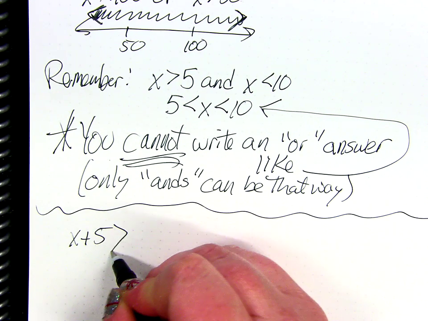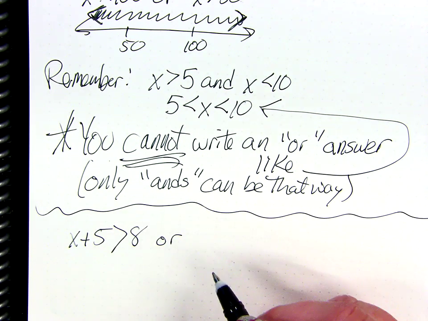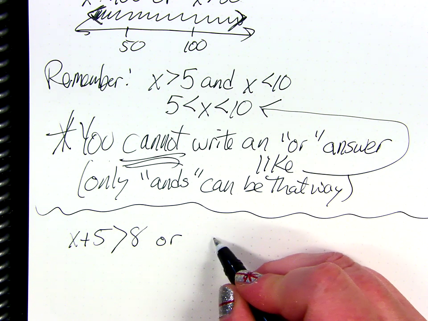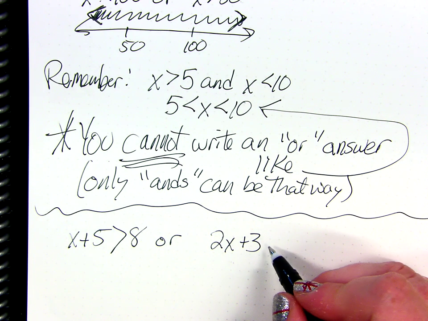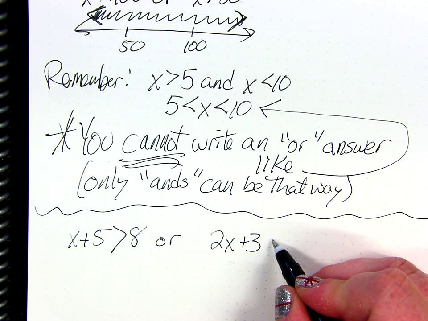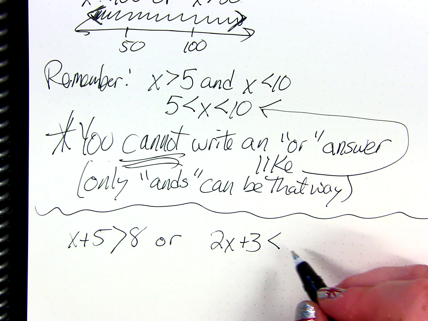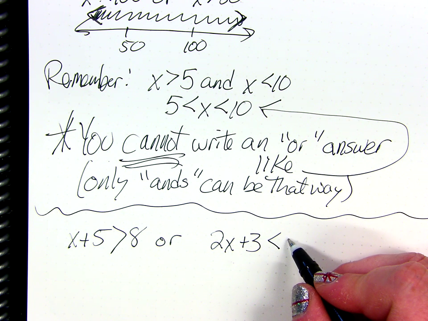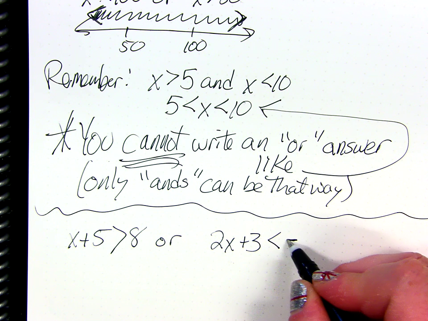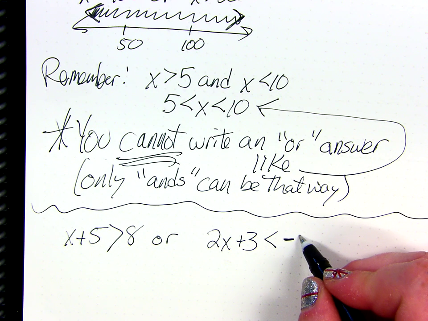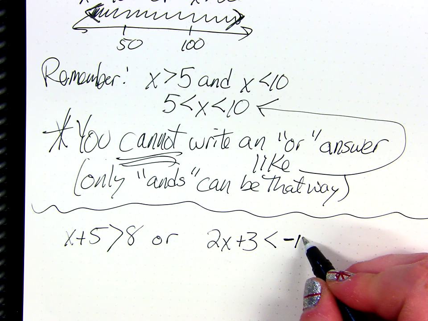X plus 5 is greater than 8, or, I don't know, how about 2x plus 3 is less than, I'm trying to pick nice numbers, 3, or x is less than negative 13.